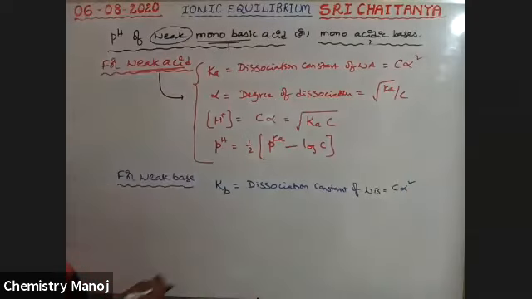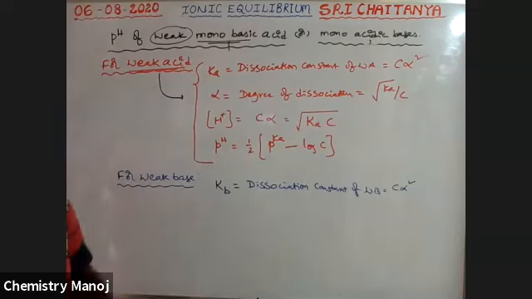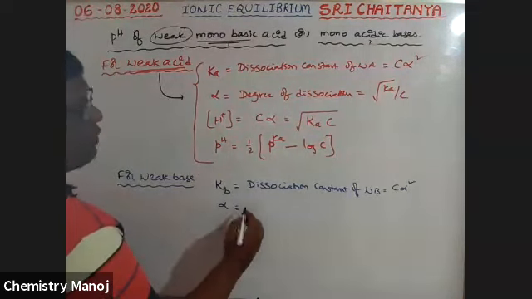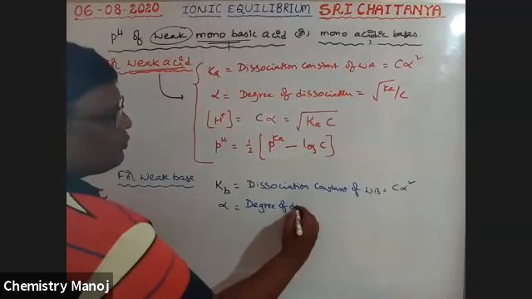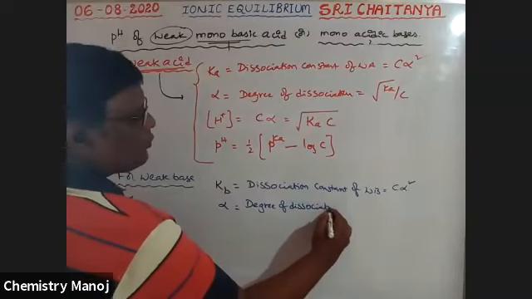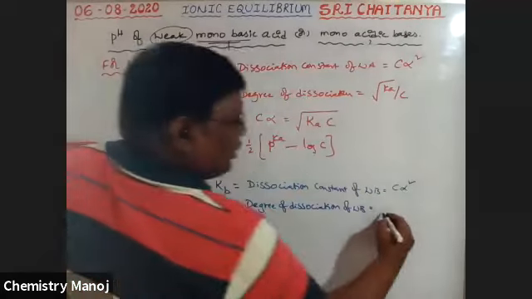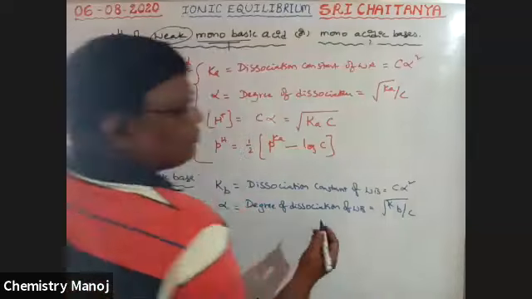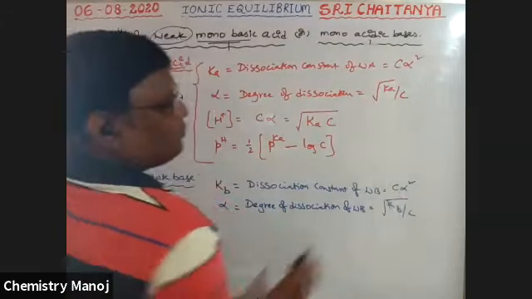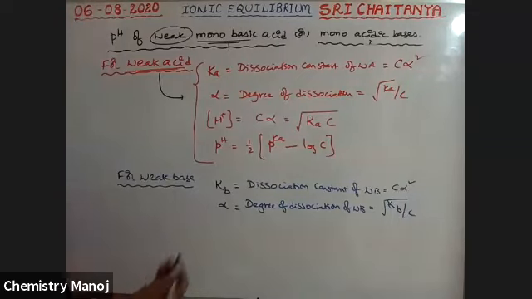What is C? C is nothing but the initial concentration of weak base. Next, alpha is equal to the degree of dissociation of weak base, which is equal to under root Kb by C. So Ka is replaced with Kb.